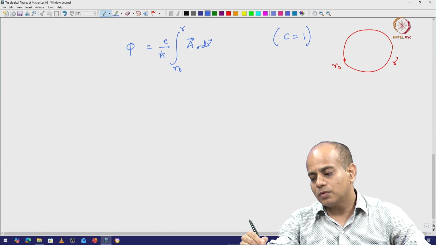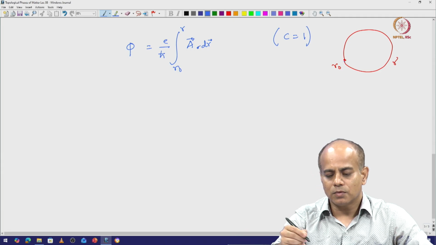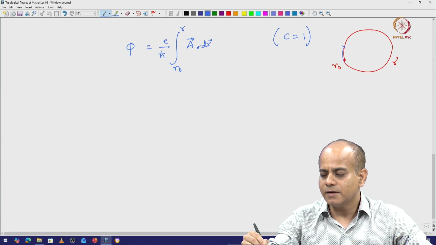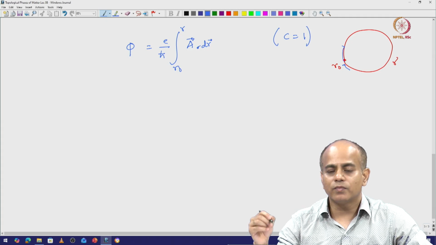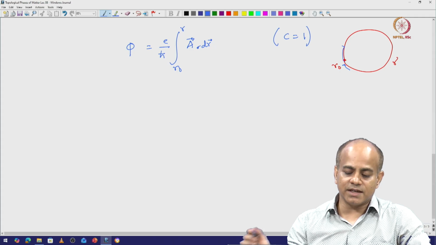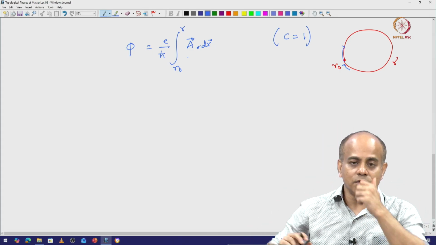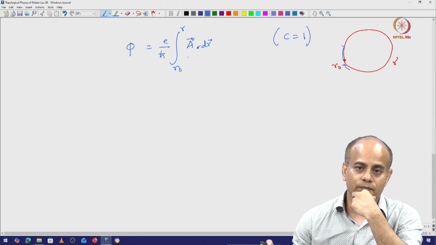So, as the electron moves around here and come back, does it gain any energy, does it release any energy, because we have some vector potential, and this is where it comes to conservative force or not.